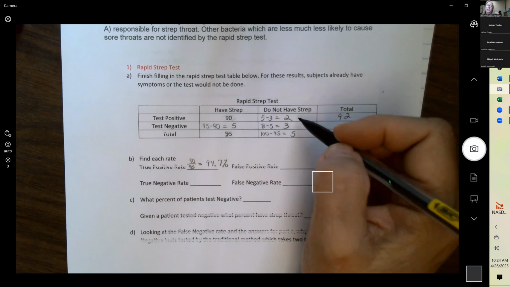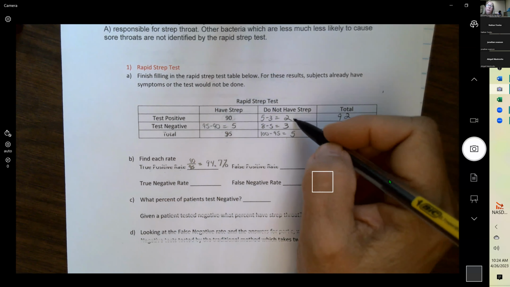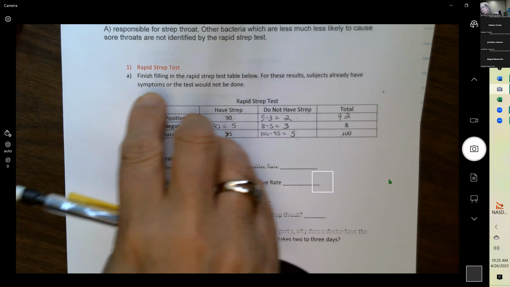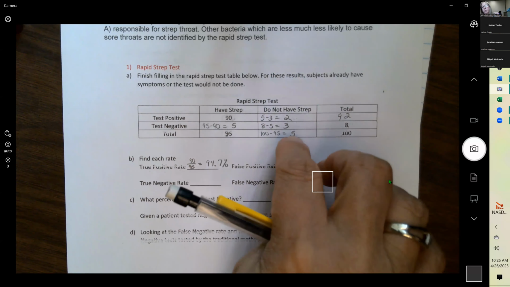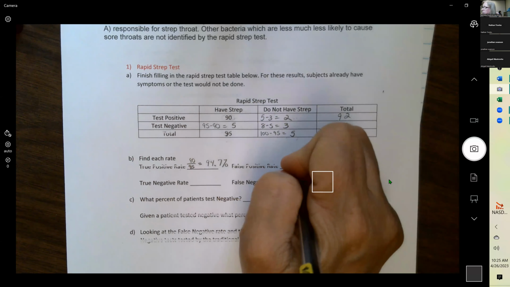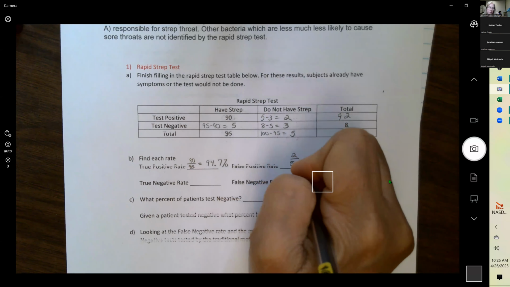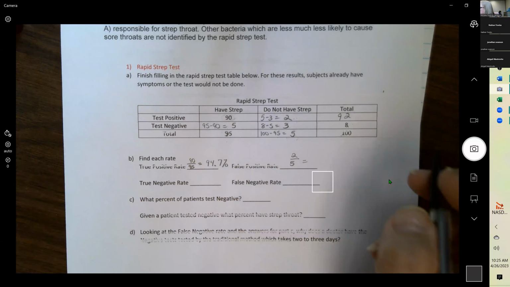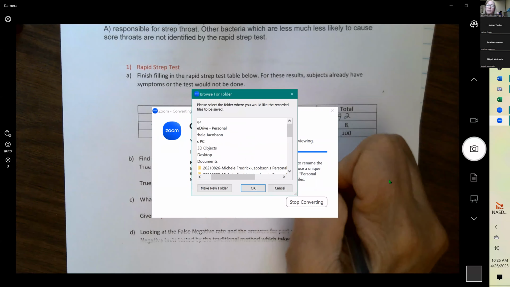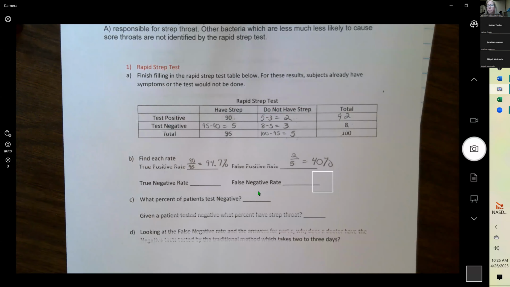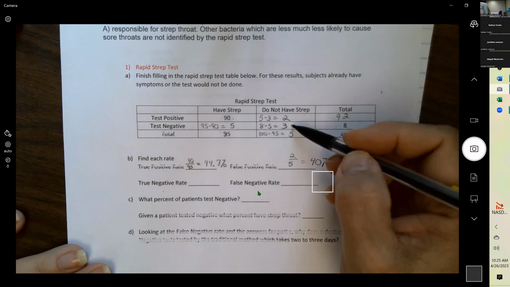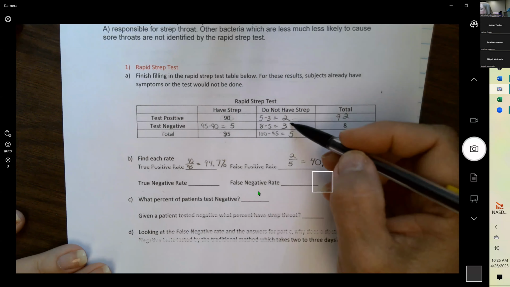False positive was this one. 2 divided by 5. As long as it's set up with the test going across, you always divide the total on the bottom. So it was 2 divided by 5. 40%. True negative, it's right here. 3 divided by 5.